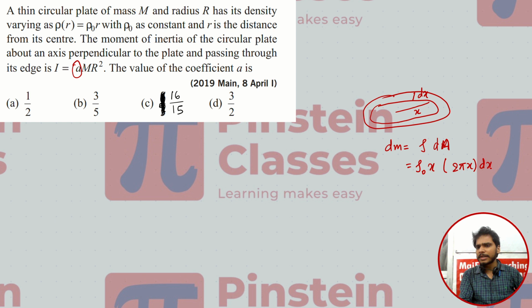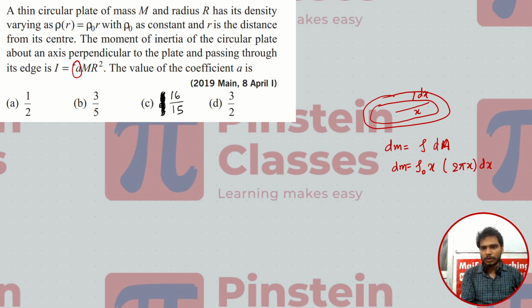I have discussed in the first problem how we calculate this dm. We will plug this value to calculate our rho naught, and then we will get the answer.